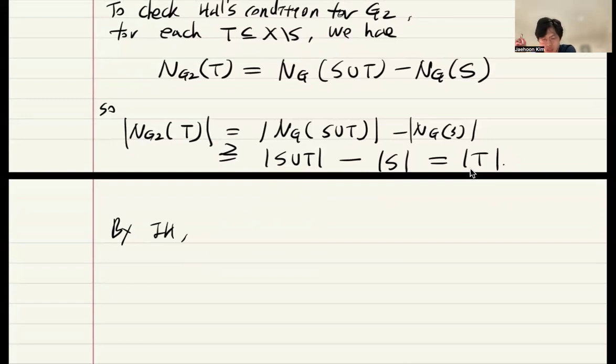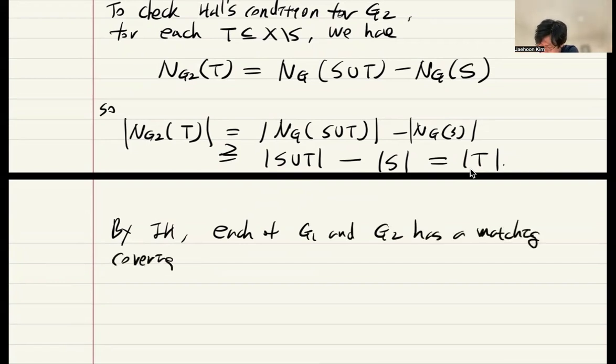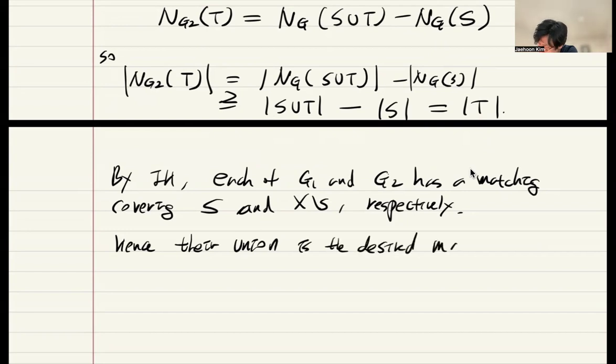Both of them are smaller than G. So the induction hypothesis implies that each of G1 and G2 has a matching covering S and the remaining X minus S. Hence their union is the desired matching covering X. That proves the theorem.